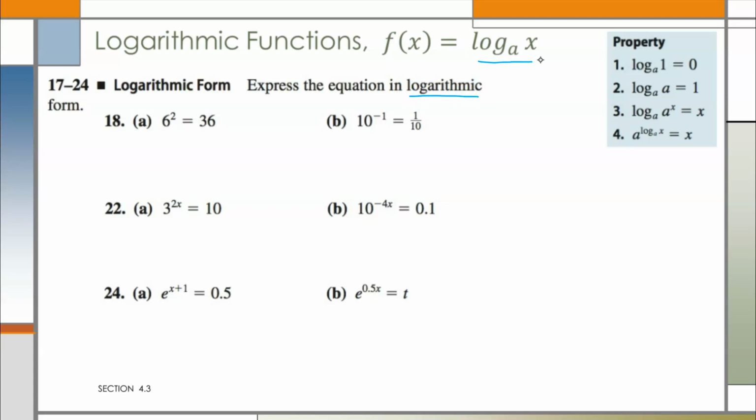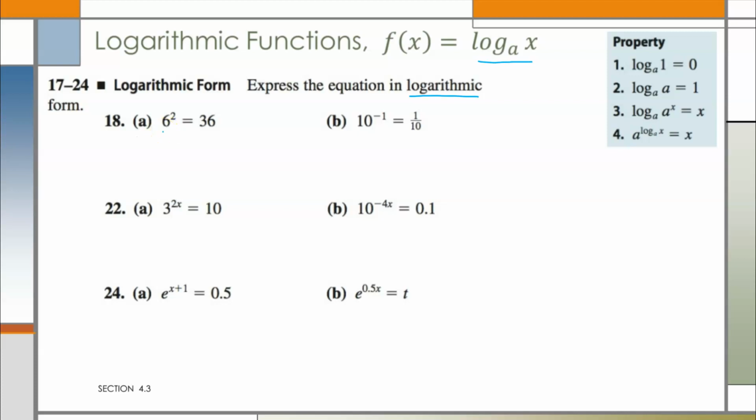What do we have to think? We have to think, what undoes a logarithm? What is the inverse of a logarithm? The inverse of a logarithm is an exponential. And if I have an exponential, what's going to undo the exponential? A logarithm. They undo one another.